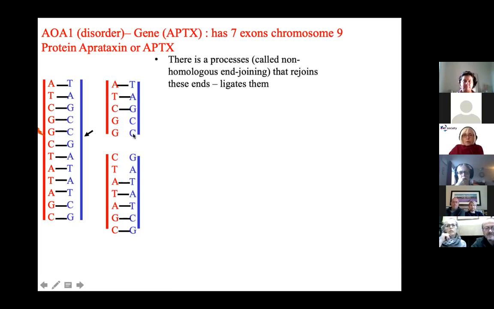What was important to remember is that AOA1 acts on both double-strand breaks and single-strand breaks. I've shown it here with a double-strand break, but the same thing will be happening on a single-strand break. There are pathways that rejoin these.